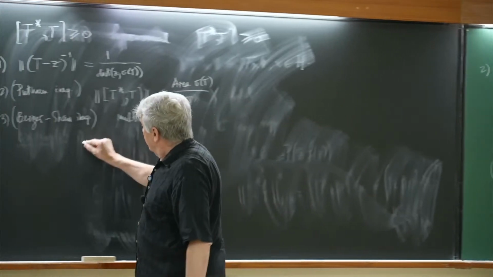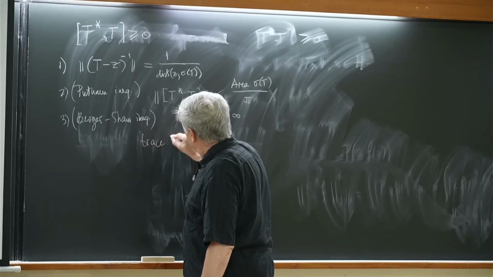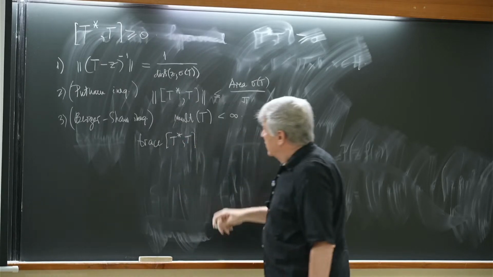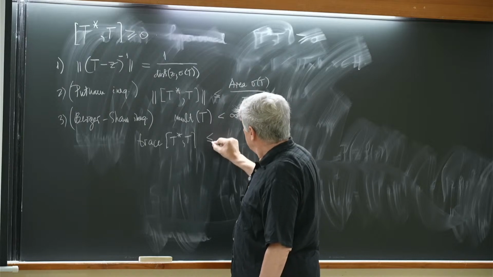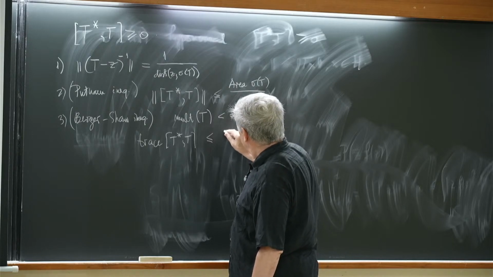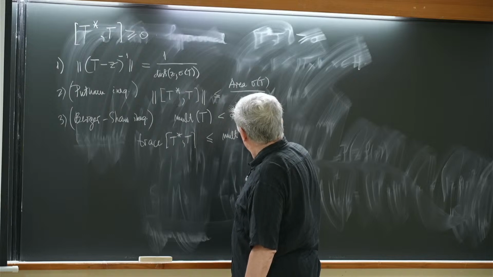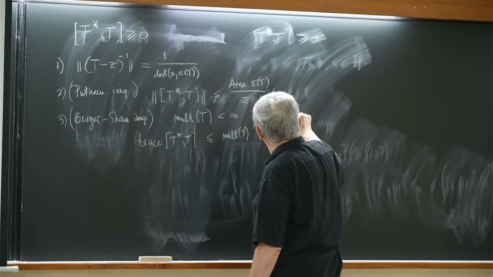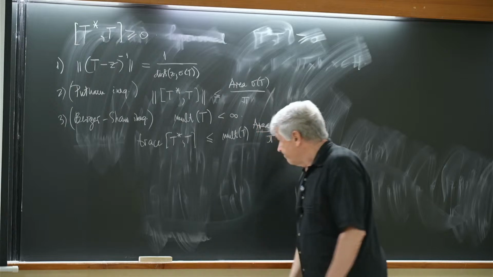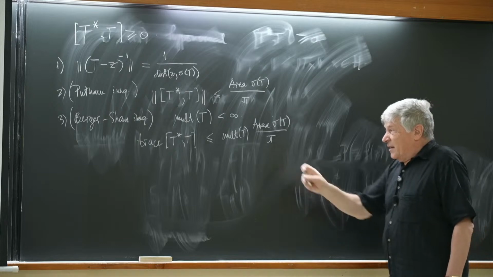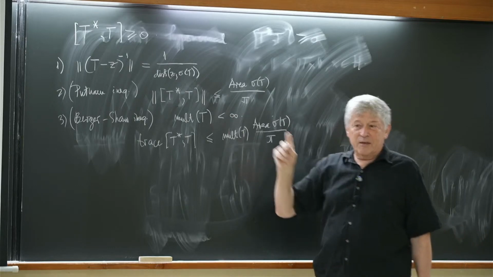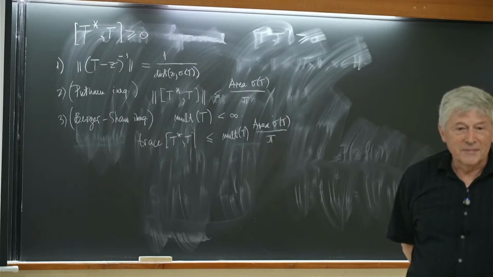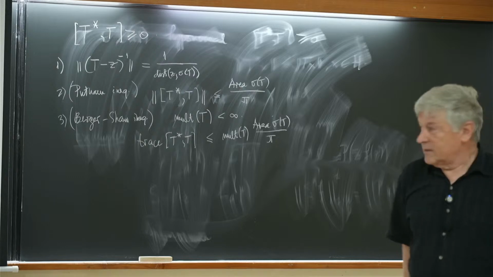Then the trace of T star T is finite and is less or equal than the multiplicity times the area divided by pi. So very interesting, if an operator has finite multiplicity, the self-commutator is trace class. Not trivial.